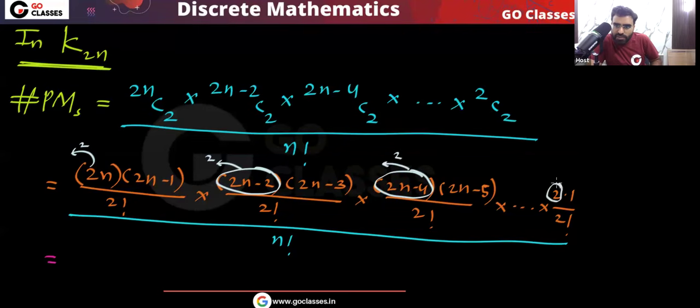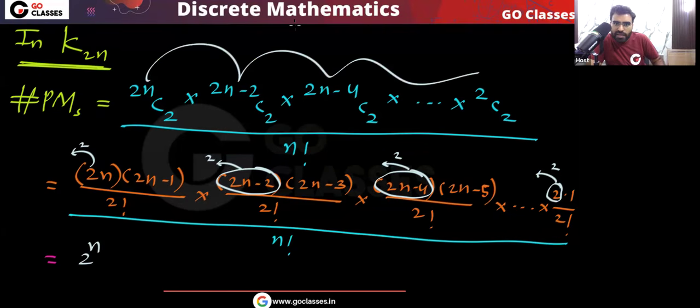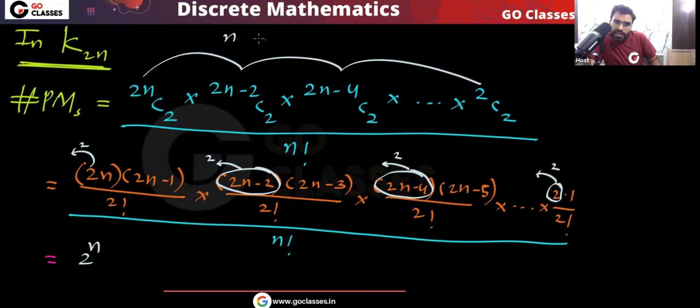So tell me, this first component will give you 2 power n, because in total we have n items like this. There were n edges in the perfect matching, right? So these are basically n items.